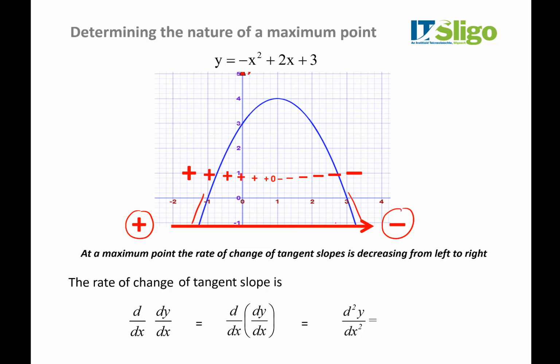So if you think of your bank balance, if you started off with lots of money and then ended up with very little money, you'd obviously say my bank balance is decreasing. Your rate of spending is probably increasing. So the rate of change of tangent slope at a maximum is negative. So our second derivative is negative for a maximum. I hope I'm not confusing you now. We'll have a little table in shortly that'll sum up everything.